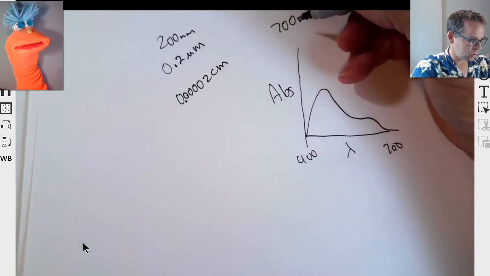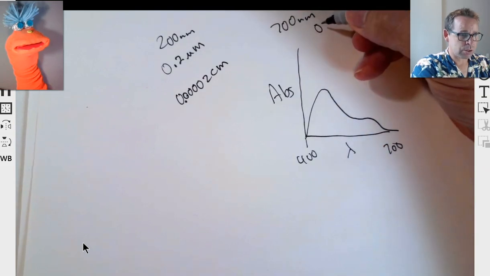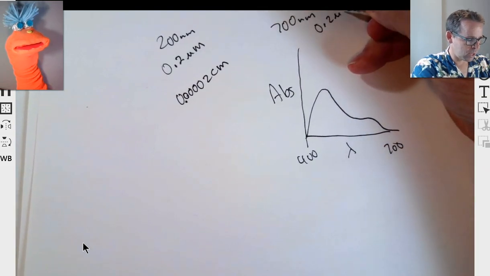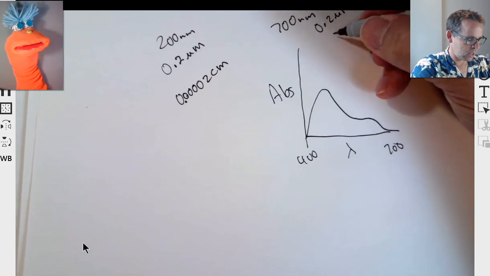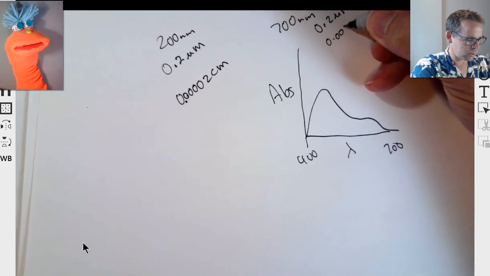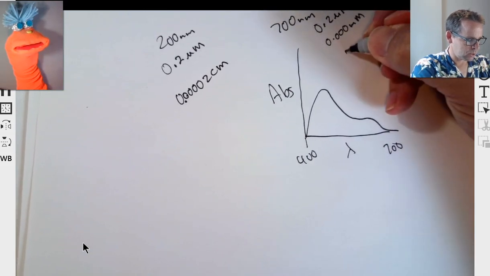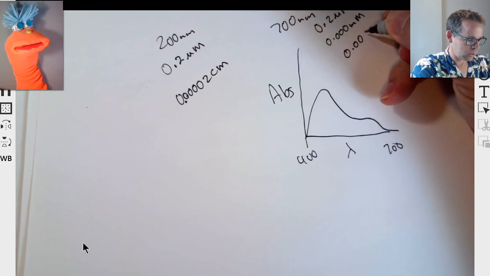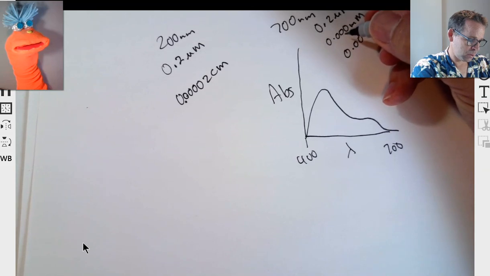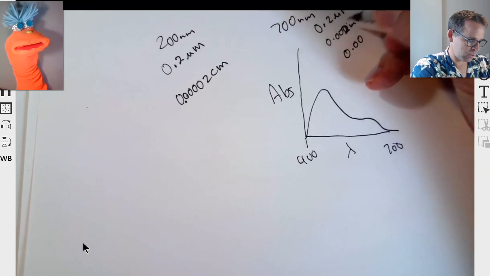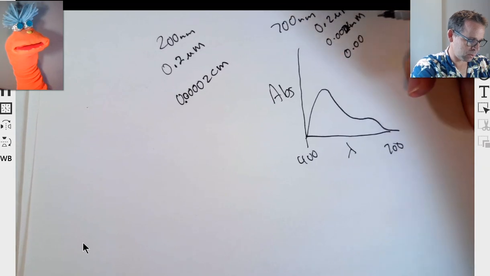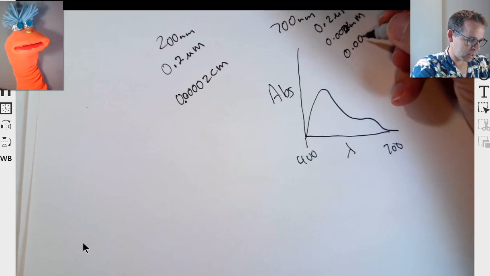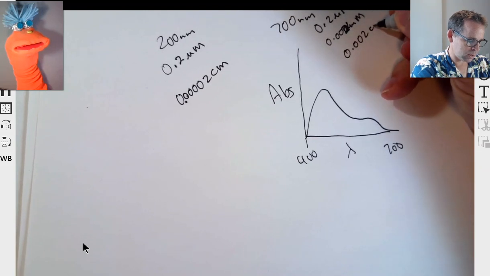Okay, so 700 nanometers, 0.7 micrometers, and then 0.0007 millimeters, and then we go back the other way, centimeters.